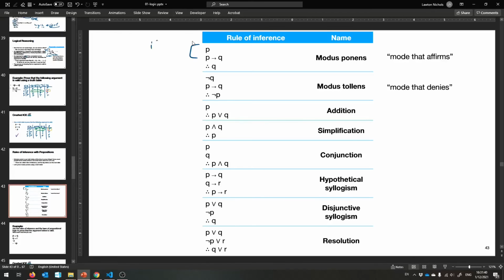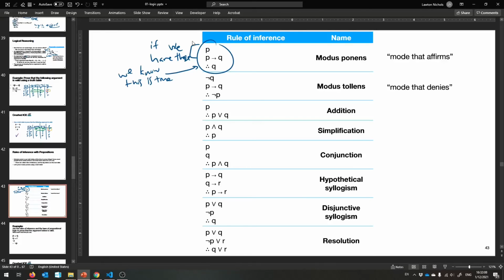So if we have these, this is automatically true. It's been proven already. And now this thing is another thing in our arsenal that we can use to prove whatever our final conclusion was.